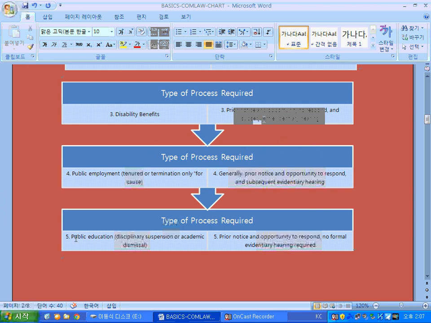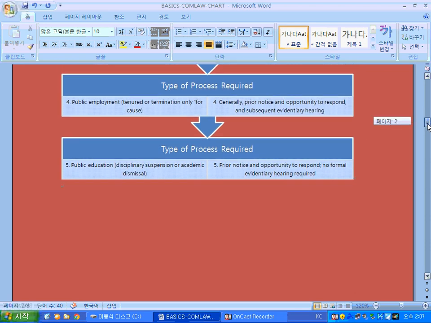It might not be as stern as a formal court proceeding, but a very similar extent of process has to be provided to protect the rights of a professor or public employees, with a presentation of evidence and pertinent argument and so forth.